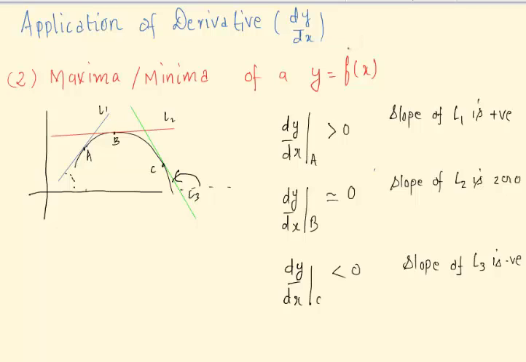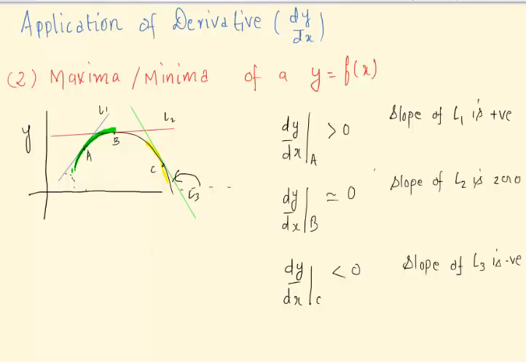There is a very important point to note here: between A and B, on this part of the curve, y is increasing with x. From B to C, y is decreasing with x. So the value of the function is increasing here, and the value of the function around C is decreasing with x.